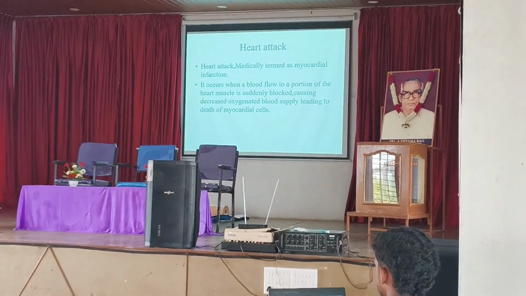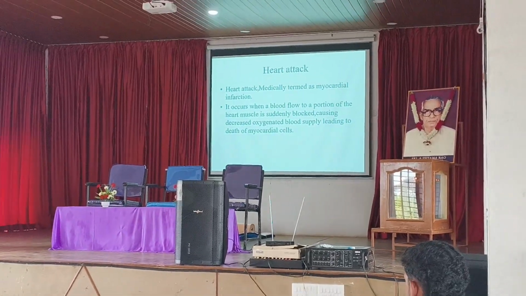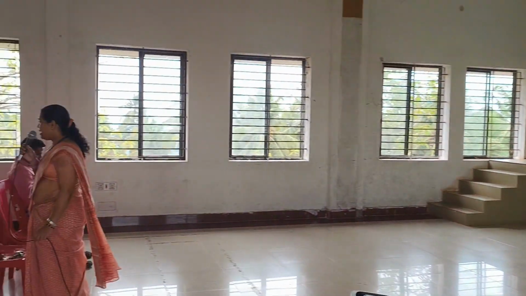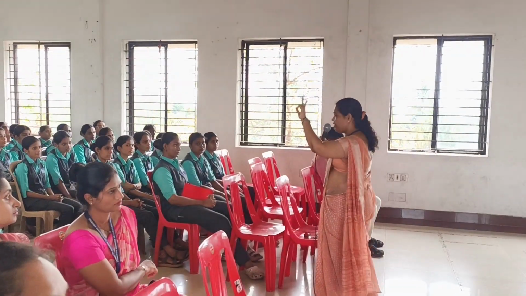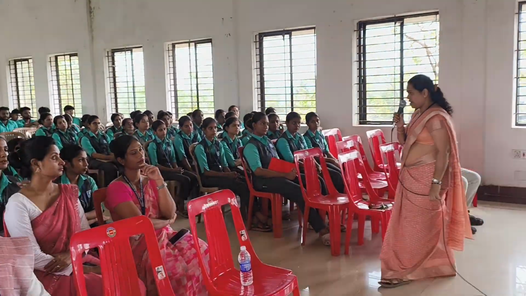Infarction occurs when the blood flow to a portion of the heart muscle is suddenly blocked, causing decreased oxygenated blood supply, leading to the death of the myocardial cells. So that is the difference between cardiac arrest and myocardial infarction.